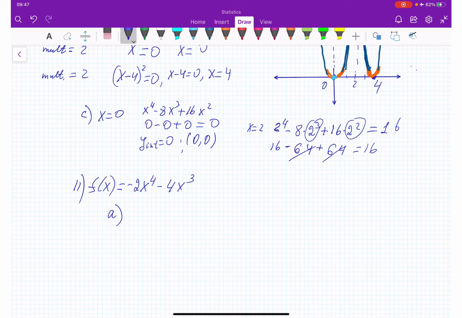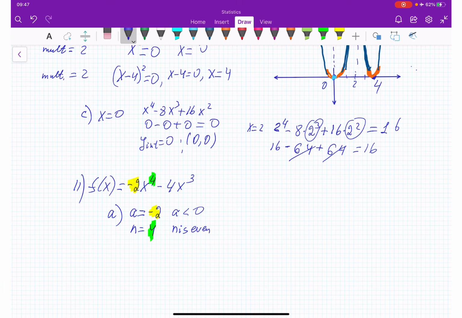So my a is equal negative 2, which means a is less than 0, and my n is equal 4. This is 4, and this is negative 2. Which is even.